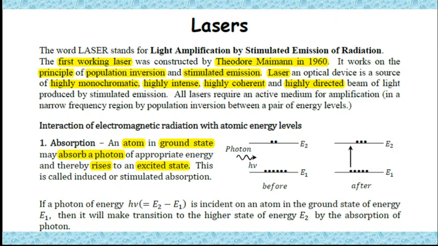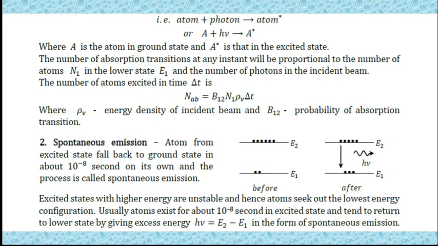If one of the atoms in the ground state absorbs the energy of the photon, then that particular atom will rise to the higher energy level, and that is represented here. A represents the atom in the ground state. When this atom interacts with the photon of energy h nu, it moves to the excited state. A star represents the atom in the excited state, or the higher energy level.